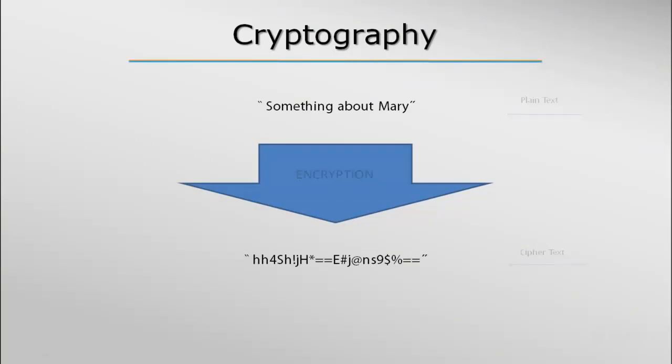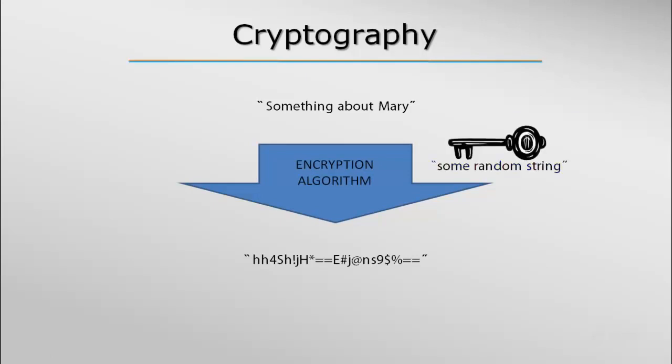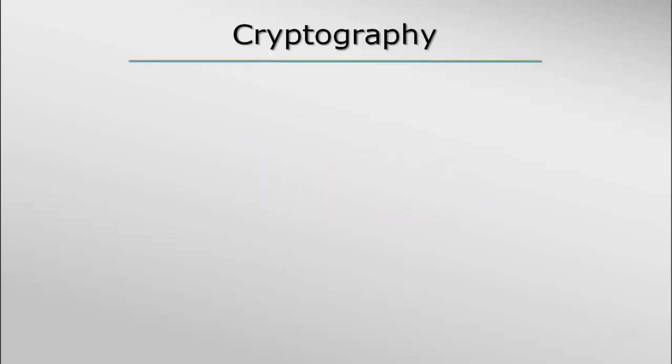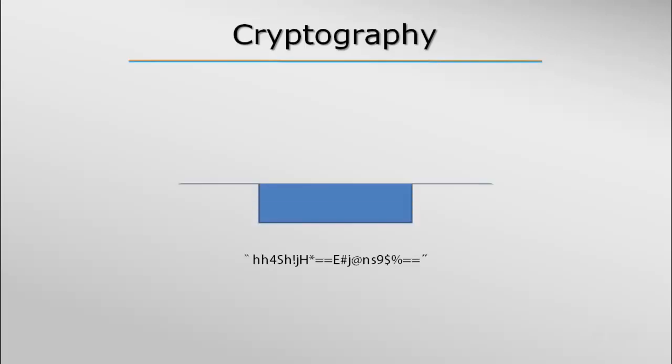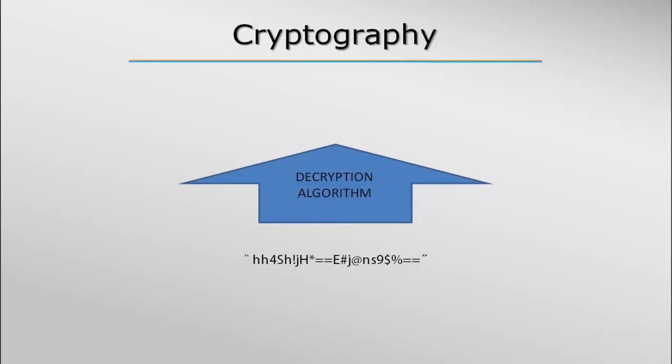The algorithm that we use to encrypt the data is called the encryption algorithm or cipher. To encrypt the data, sometimes the algorithm might use another string called a key string. Now, I can send this encrypted string to say one of my trusted friends without having to worry about others reading the original string. But for my friend to be able to read the original string, he will need the algorithm that I used for encryption, which can be one of the few standard algorithms available.